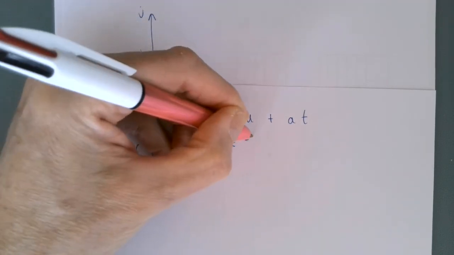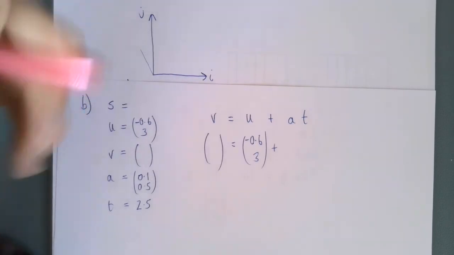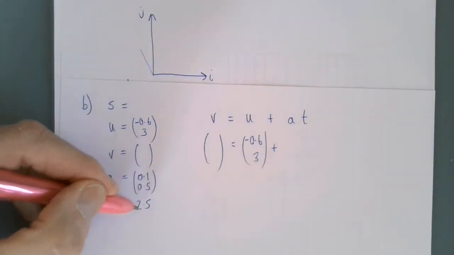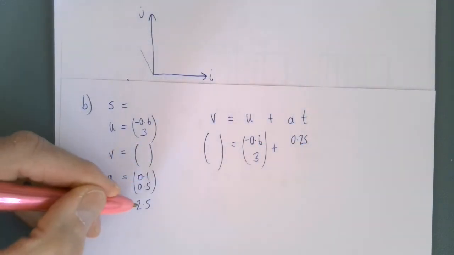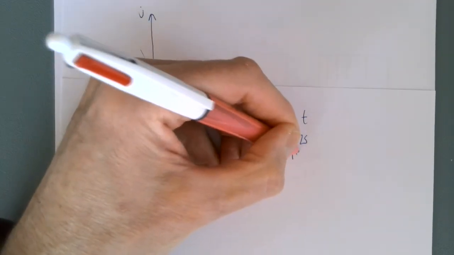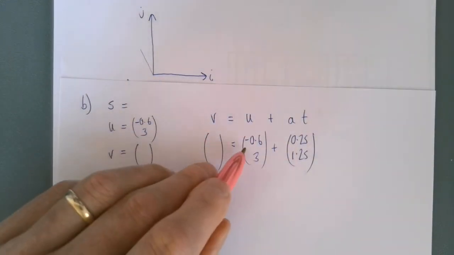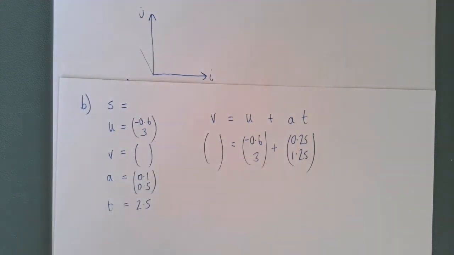U is the initial velocity. And I'm going to do that. So a times t, so that's that times that. So that's 0.25 and 1.25. So this is minus 0.6 plus 0.25.